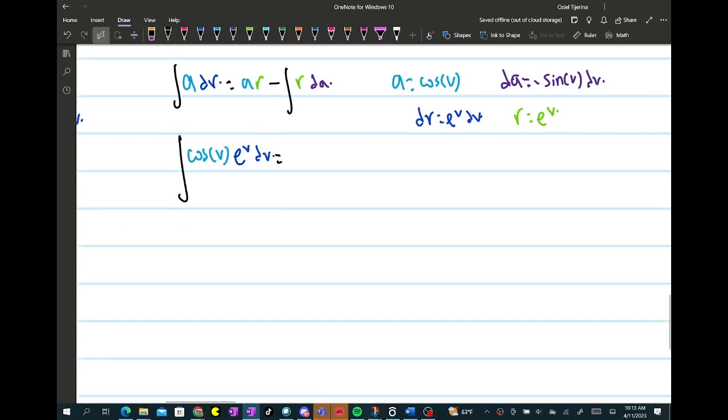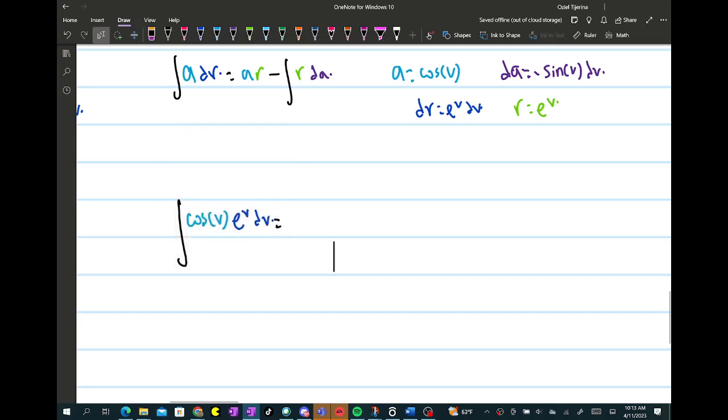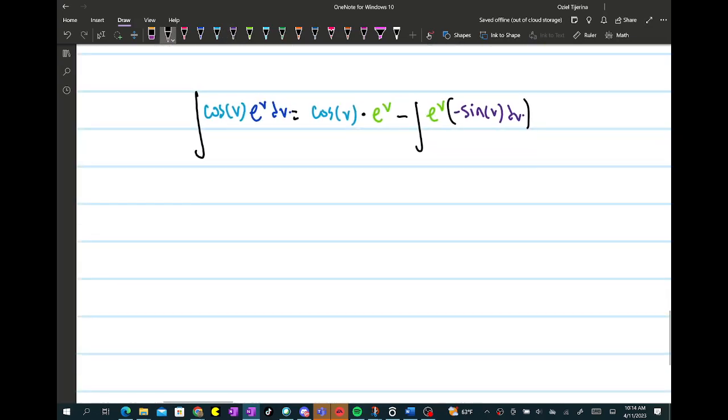Right? So now we're going to have the following, and let me move it down a little bit. It goes AR, so cosine of v times e to the v, and then minus the integral of e to the v times dA, which is negative sine of v dv. Now we have to simplify this.